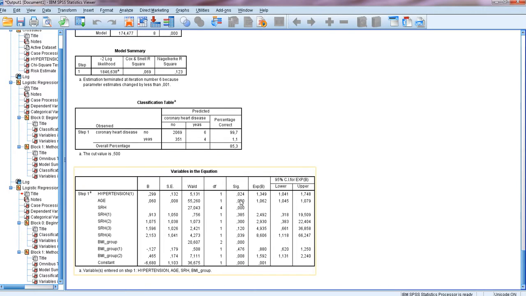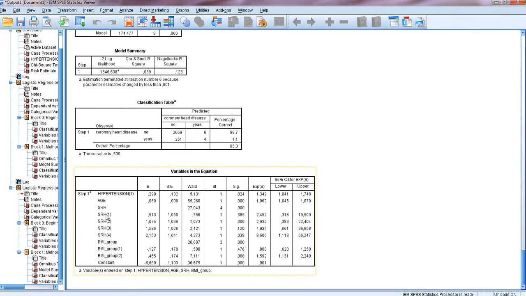With significant age: it is not categorized, so the program evaluates the change of the odds of coronary heart disease after getting older by 1 year. So you could say that the odds of coronary heart disease increase with increasing age by 1 year, because in this variable the step is 1 year.